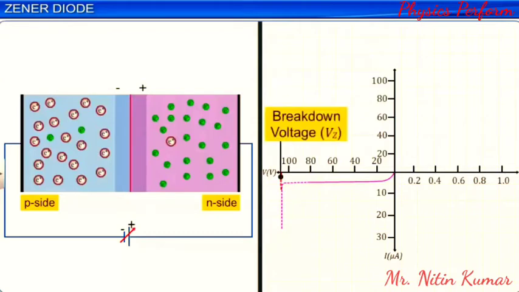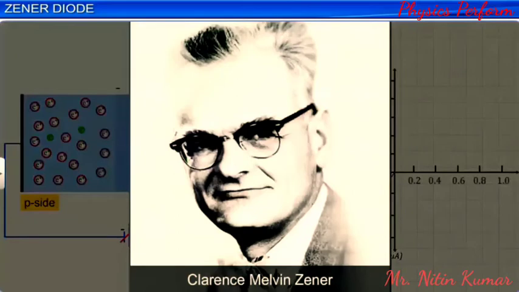A diode designed to have low breakdown voltage under reverse bias is called a ZENER diode, which is named after its inventor, Zener. A ZENER diode is made by doping both the p and n sides of a p-n junction diode heavily. The circuit symbol of a ZENER diode is represented as shown.